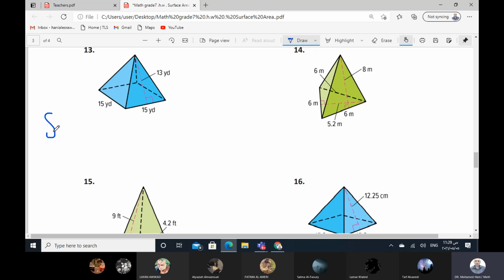So we can write S equals the area of the square, 15 squared or 15 times 15, plus 4 congruent triangles. So 4 times the area of the triangle, which is 1 over 2 multiplied by the base, 15, multiplied by the height. The height here will be 13.